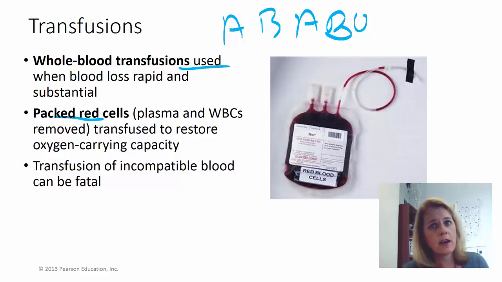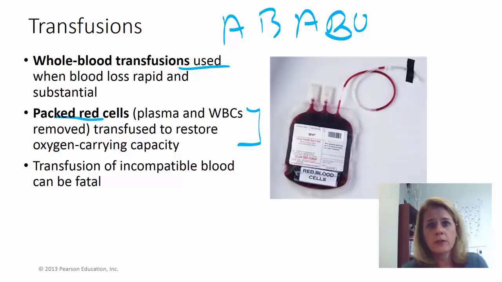Maybe they're a little cyanotic or hypoxic, so they can give you more red blood cells to ramp up your ability to carry oxygen. Sometimes athletes do that. So instead of giving EPO, that erythropoietin we've talked about, they'll just infuse red blood cells into their body to increase their oxygen carrying capacity.